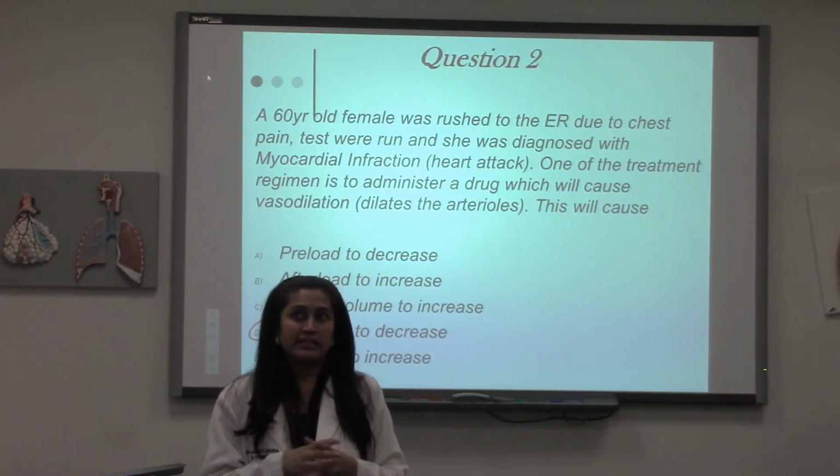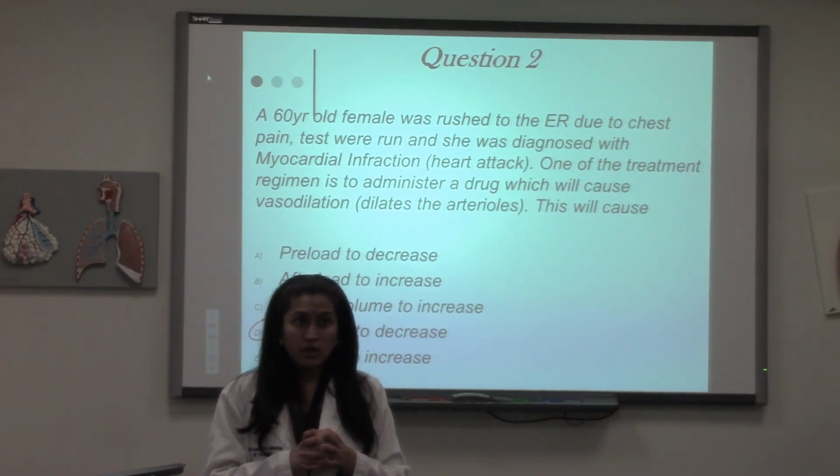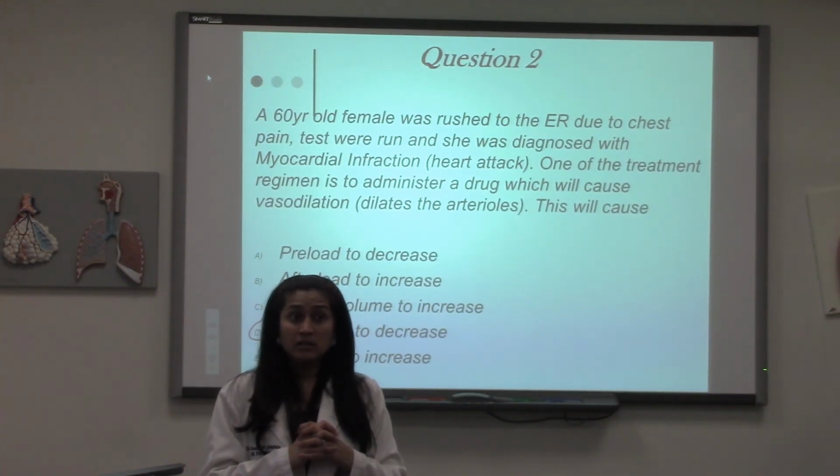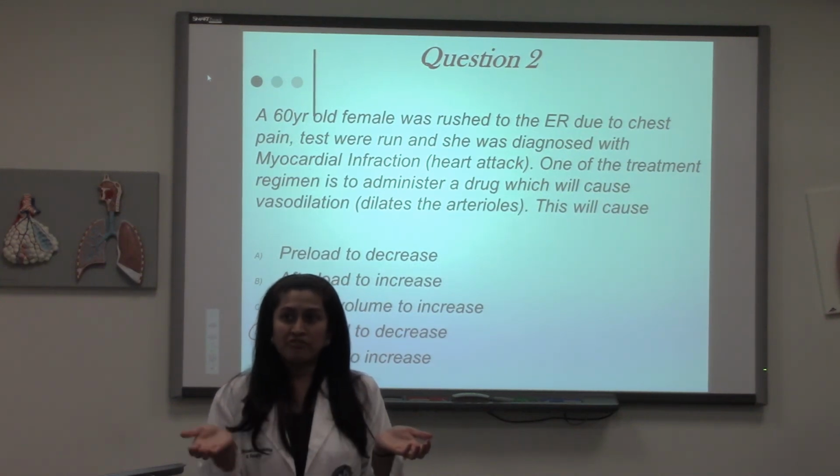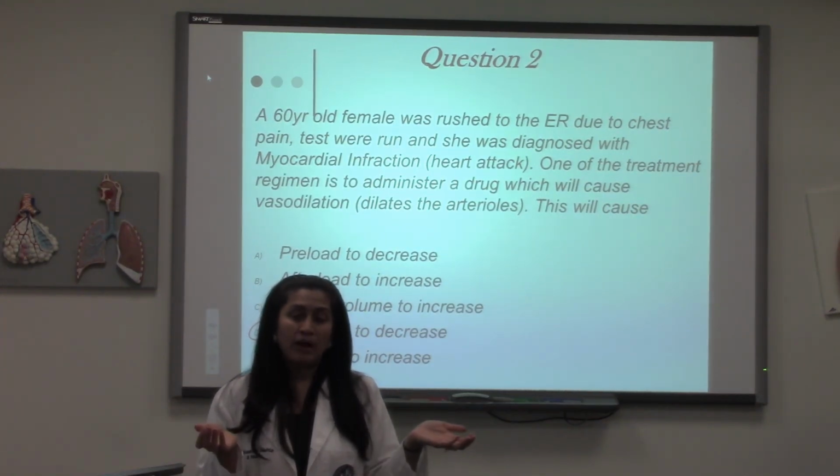What happens, let's say you eat a bag of salty chips? Think. If you eat a bag of salty chips, would your preload be affected, or your afterload? Your preload would be affected. Would your preload increase or decrease? Increase. Why would it increase?